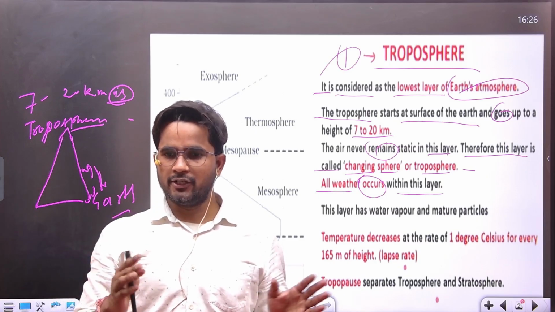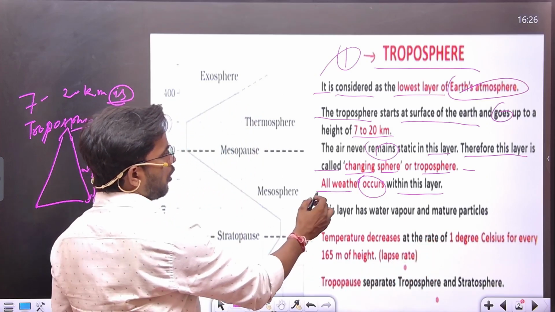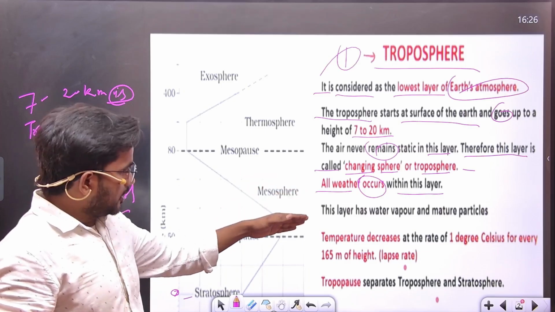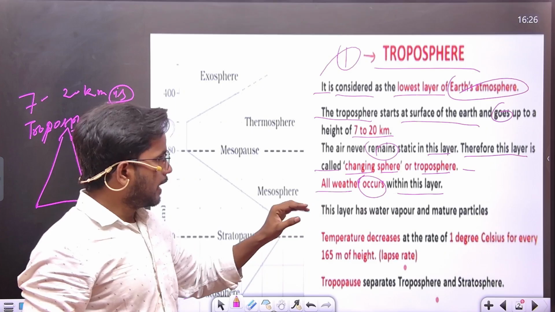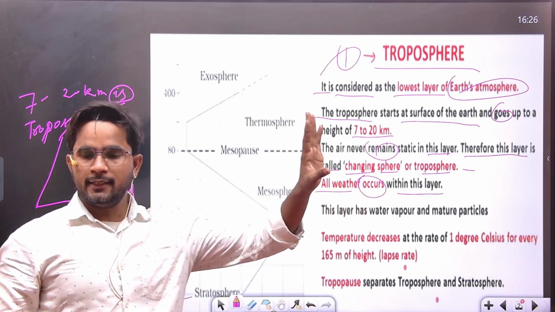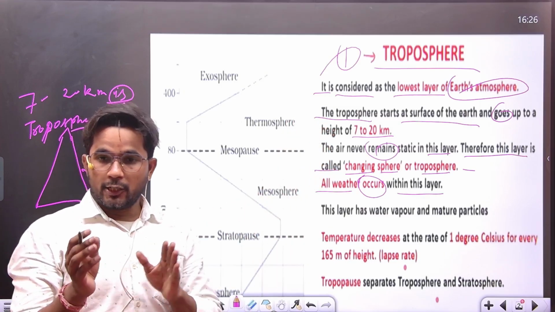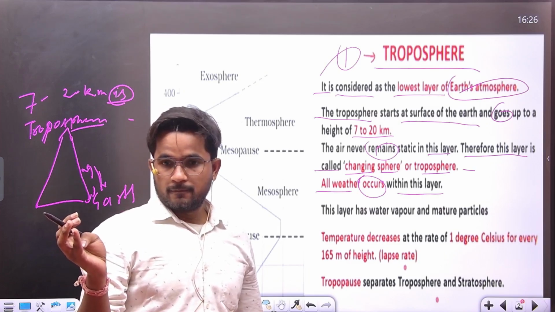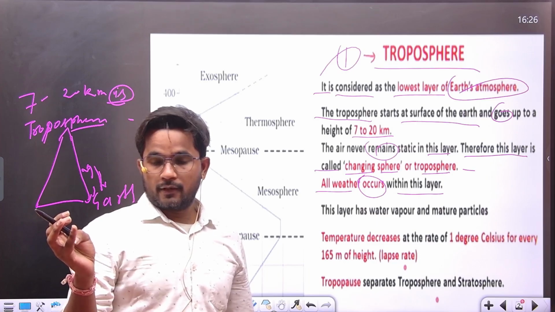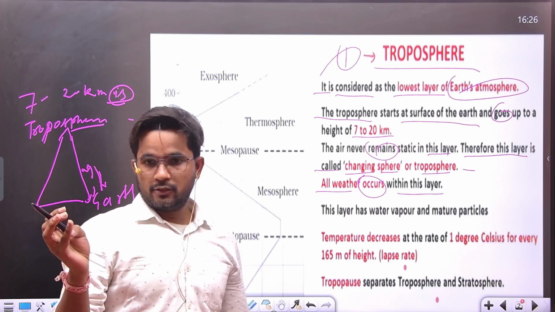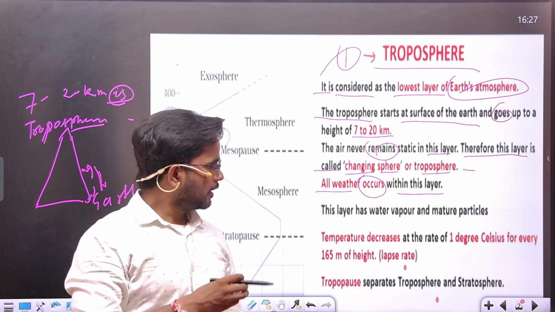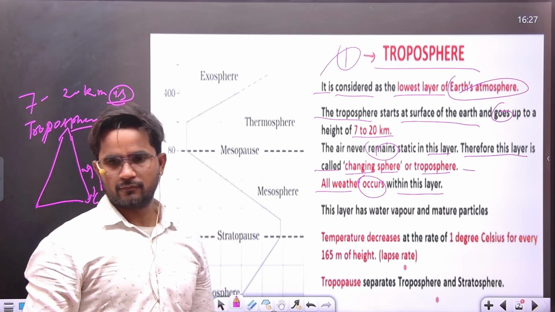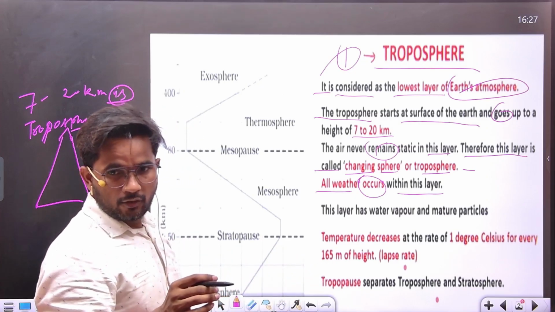Everything related to weather, like rain, or temperature decrease and increase, happens in this layer. So this layer is called the troposphere.